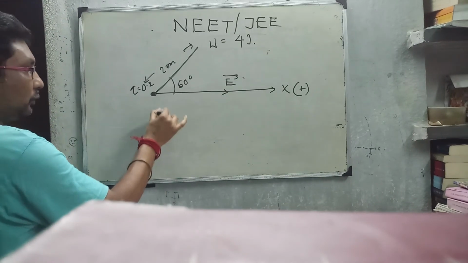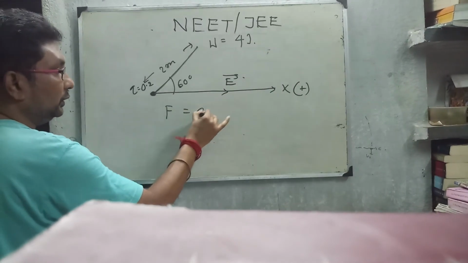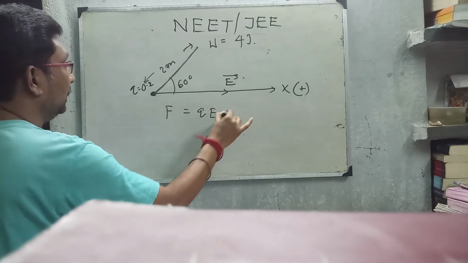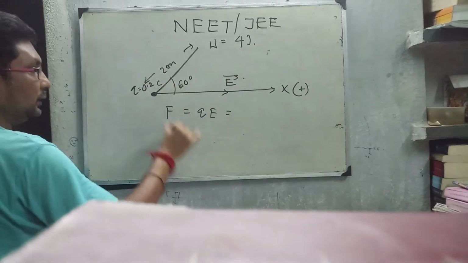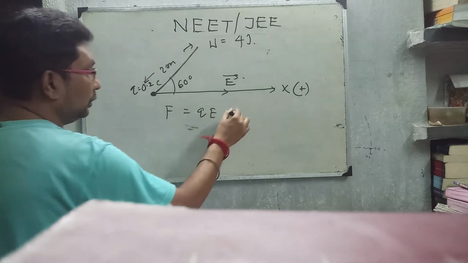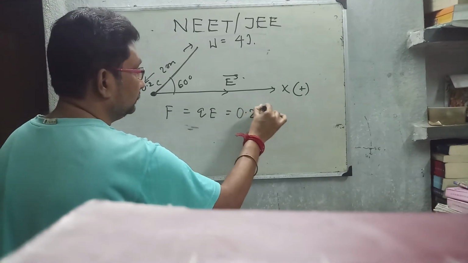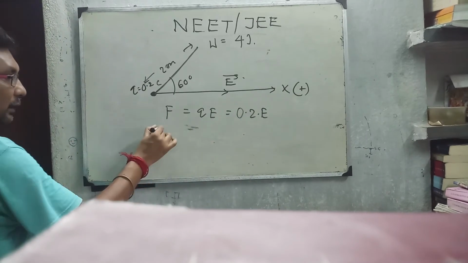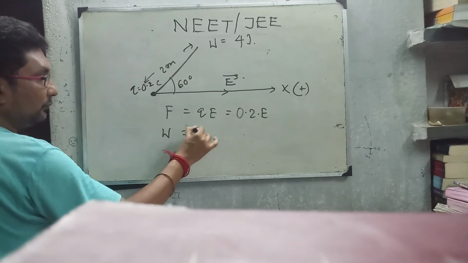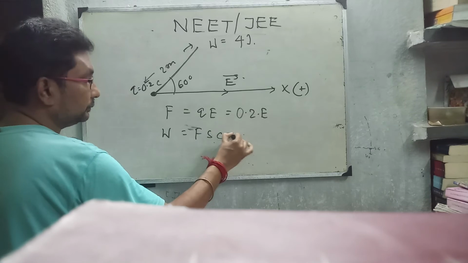First, to calculate the force on the charge, Q into electric field. Q equal to 0.2 coulomb, that is 0.2 into E. Next, we have to calculate the work done. Work equal to Fs cos theta.